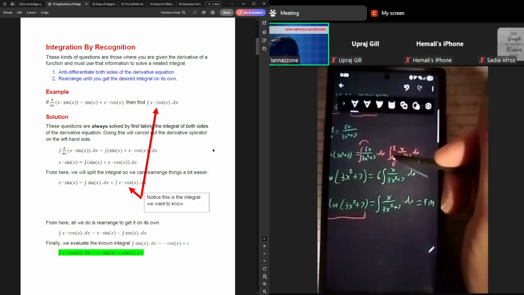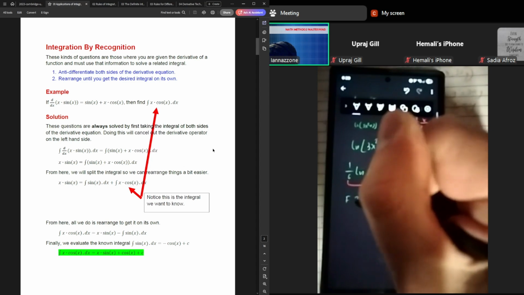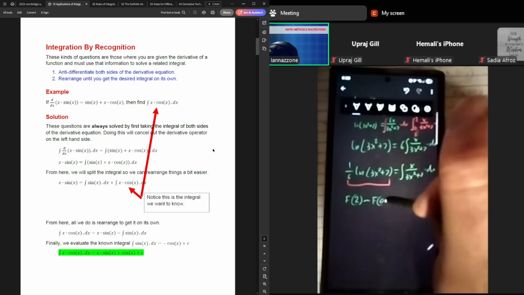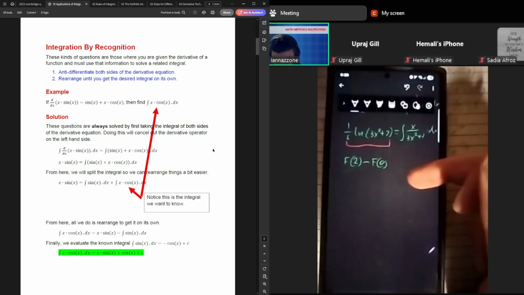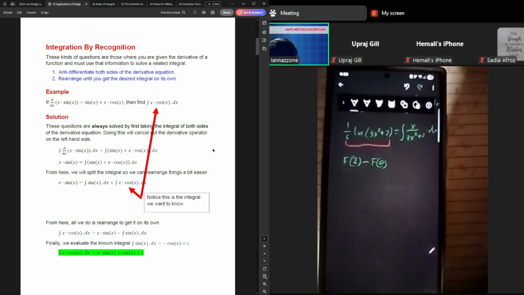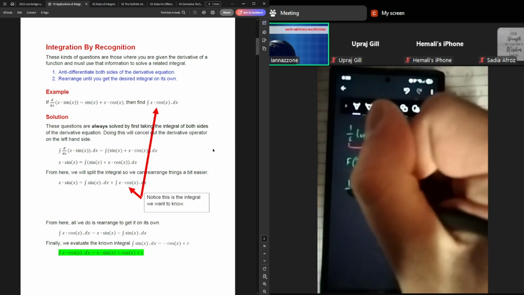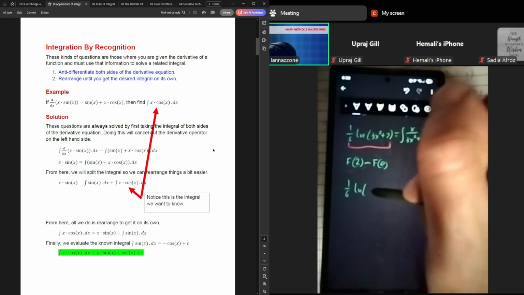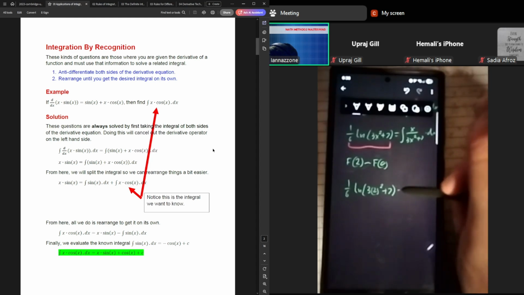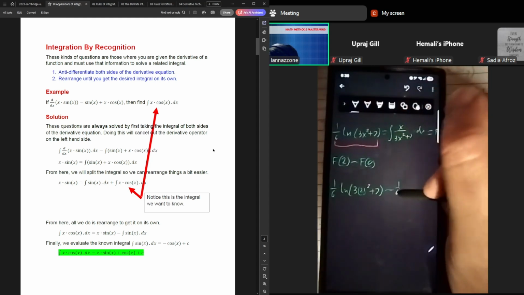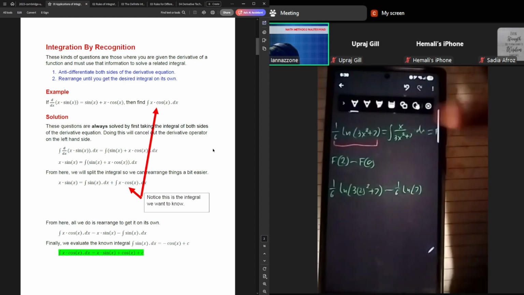So if you want to do the integral from 0 to 2, you're now doing capital F of 2 minus capital F of 0, where this thing here is our capital F of x. Because we have about a minute to spare, I'll just continue doing that. You're just subbing in x equals 2 and x equals 0 here. 1 over 6 natural log of 3 times 2 squared plus 7, minus 1 over 6 natural log of, well, 0, so 7.